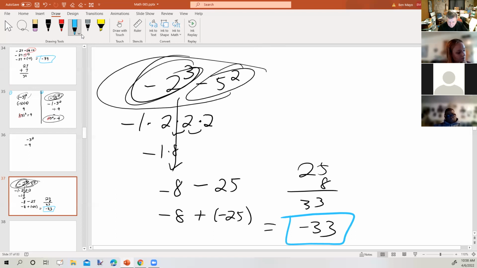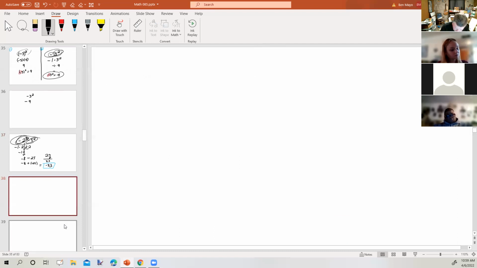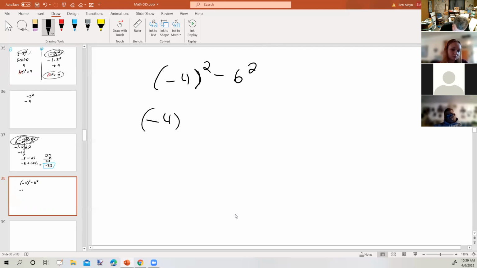Okay. Now, let's take a look at this one. -4, the quantity squared minus 6 squared. So here, the negative sign is inside the parentheses. So this is -4 times -4, which is positive 16, because negative times negative is positive. And then minus 6 times 6 is what? 36. Okay.